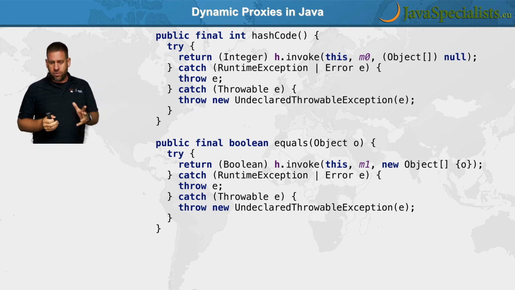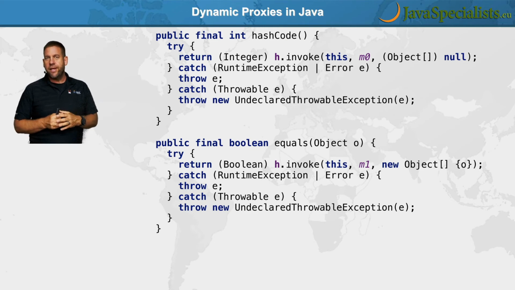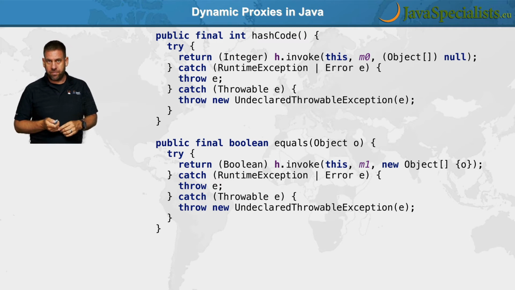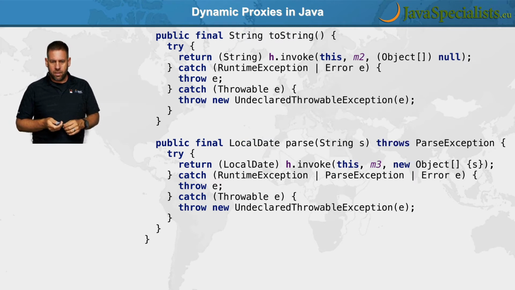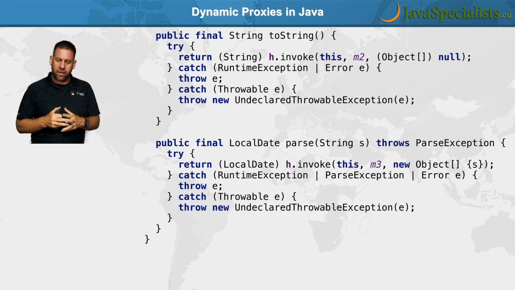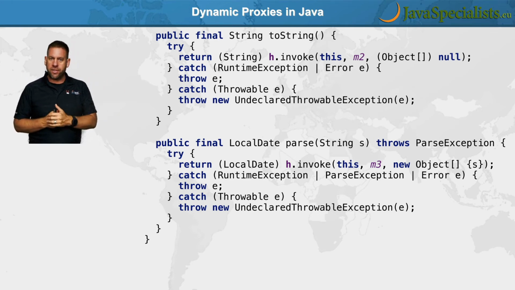Then equals looks almost the same as hashCode, except that we are also passing the parameter o to the invocation handler, and that is being wrapped as an object array. That object array might be eliminated, but not necessarily. Then we've got the toString method, which is almost exactly the same as hashCode, so I'll skip that, and the parse method, which takes the string and returns a LocalDate.